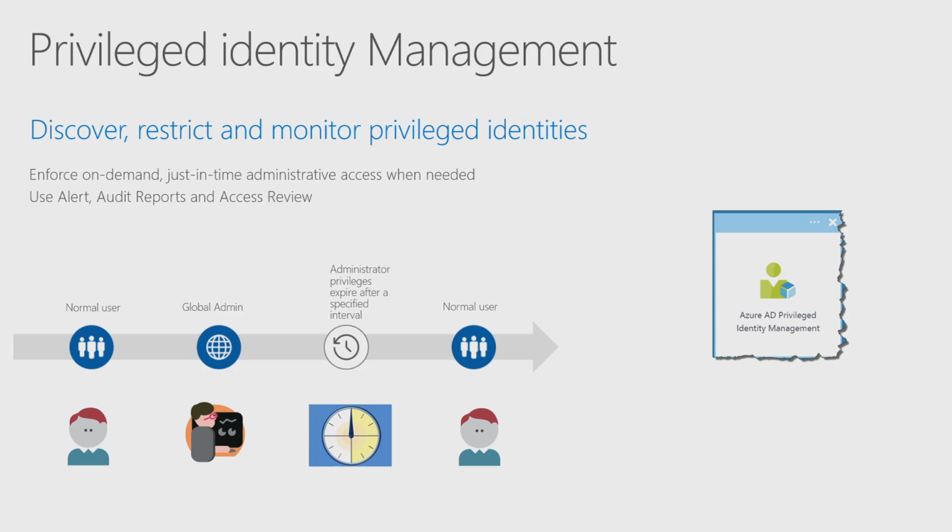Manage which privileged users should have permanent versus temporary role assignments and enforce policies for on-demand, just-in-time access such as duration of privileged access operations. Monitor and audit privileged role access activity across your organization. Next, my colleague will walk you through a demo on privileged identity management.